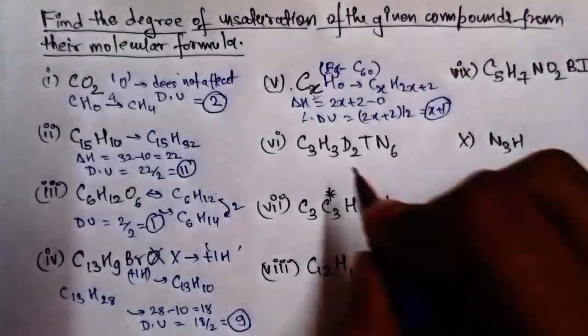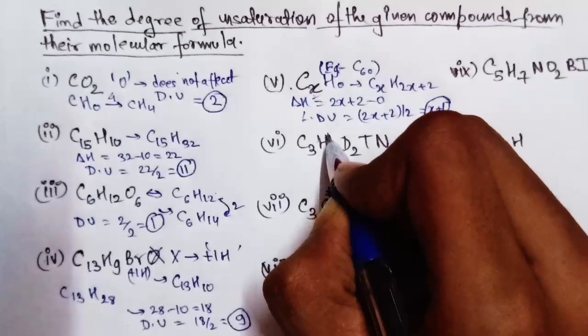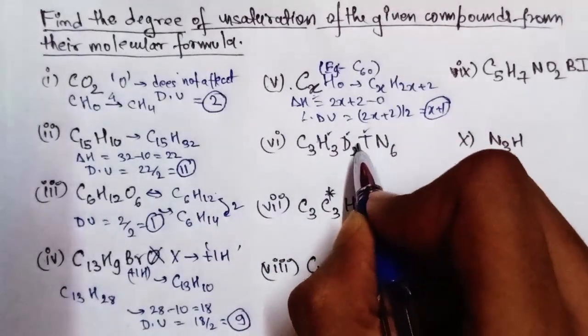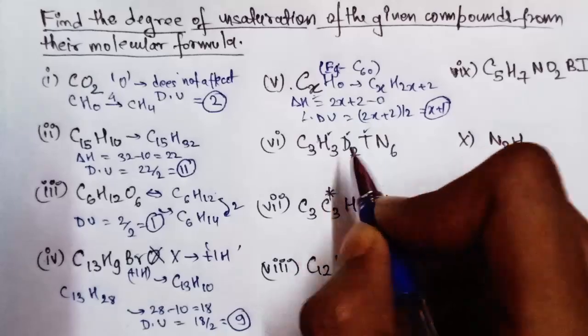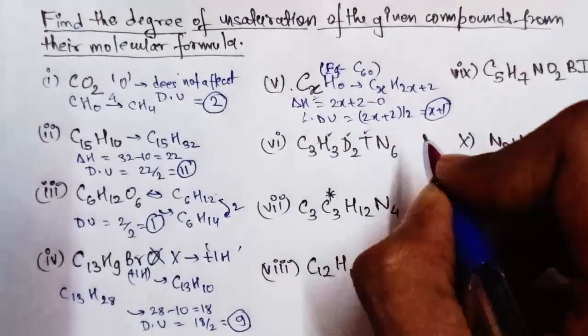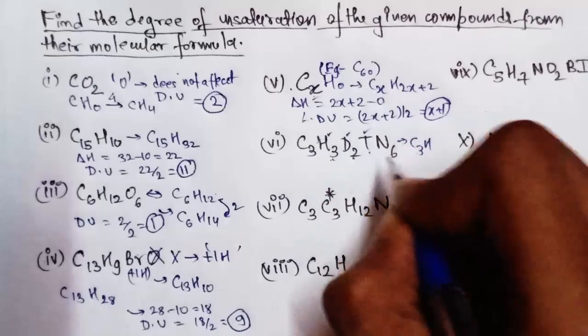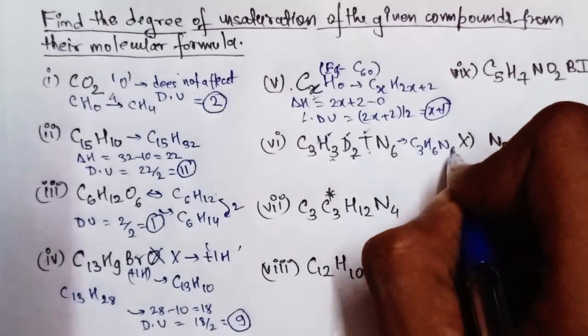For the sixth case, the isotopic hydrogens, hydrogen, deuterium and tritium, are treated as the same and will contribute to the same equivalent of hydrogen, making the formula C3H3 plus 2 plus 1, that's 6, and N6.